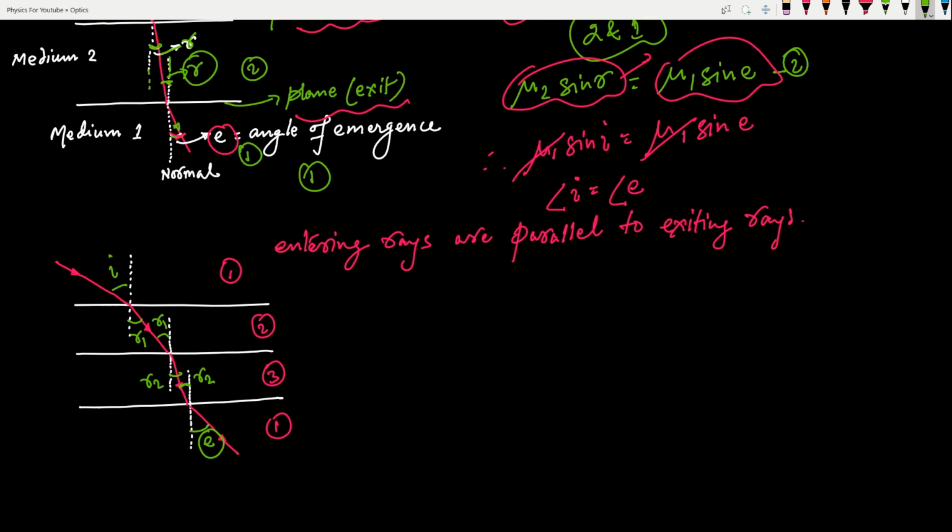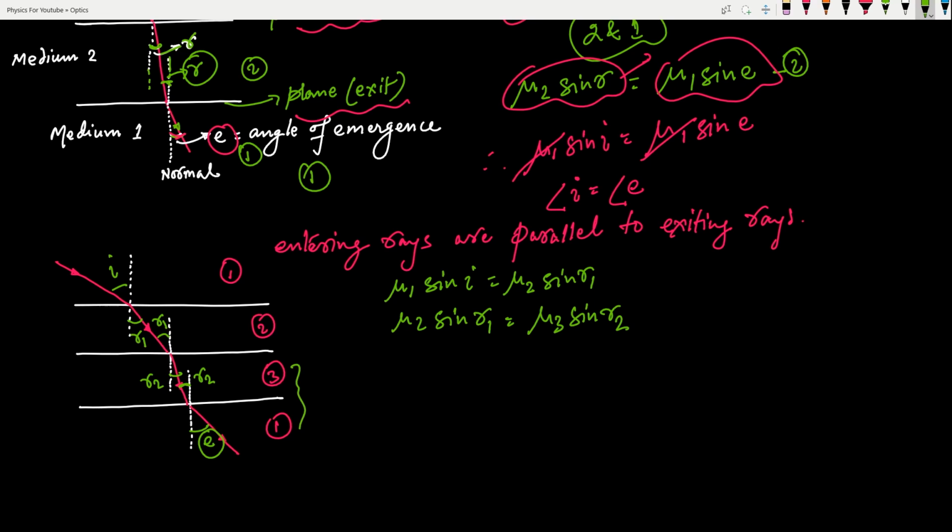So we'll be using the same concept again, that is mu 1 sin I. We are going from top to bottom. Sin I is equal to mu 2 sin R1. Again if we go to the pair 2 and 3, we will see that mu 2 sin R1 is equal to mu 3 sin R2.